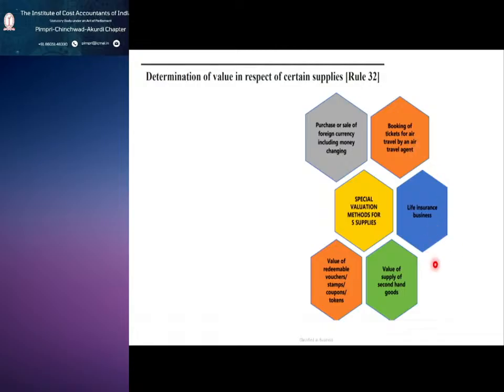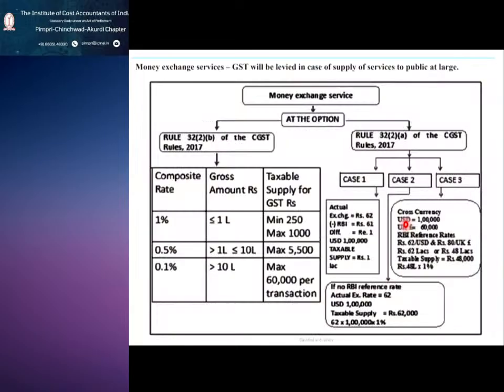We will see life insurance business. After life insurance, we have value of supply of second hand goods, and the last one is redeemable vouchers. So now we will see life insurance business.